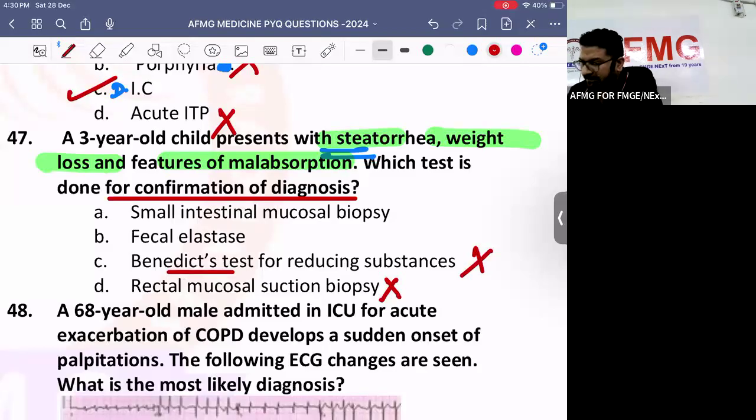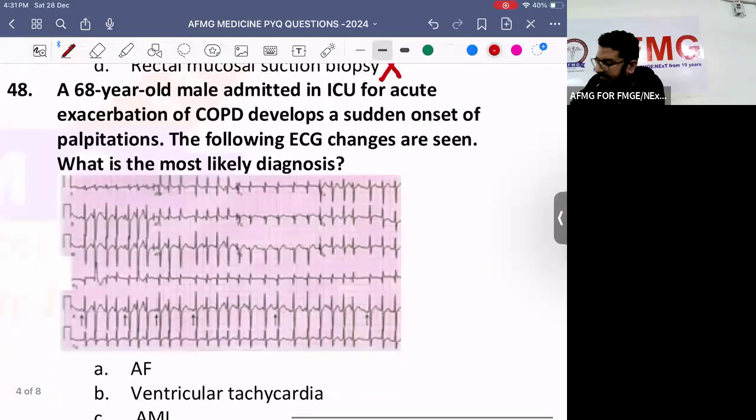Fecal elastase is for protein malabsorption. The best test will be small intestine biopsy in any malabsorption syndrome. Sometimes the question comes under the name of celiac sprue. Okay, now try to answer.